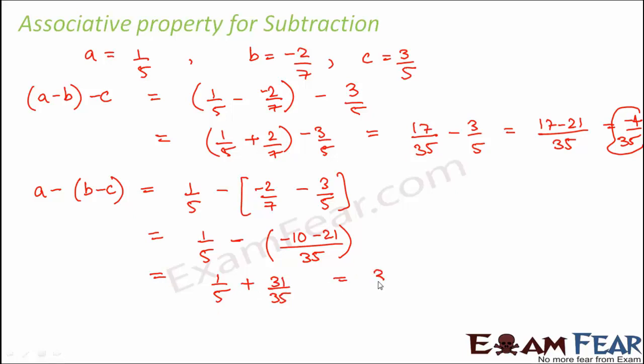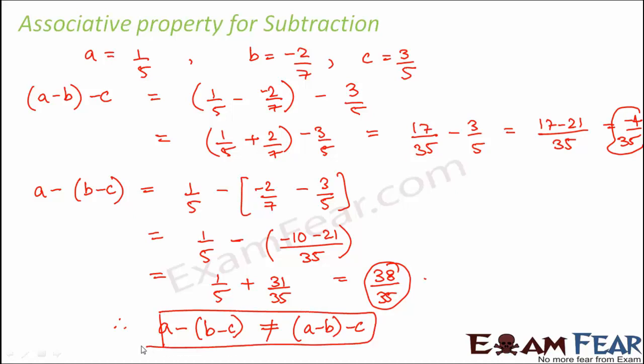This is equal to 38 by 35. Now you compare the two values. Are they equal? They are not. So therefore we conclude that (A minus B) minus C is not equal to A minus (B minus C).